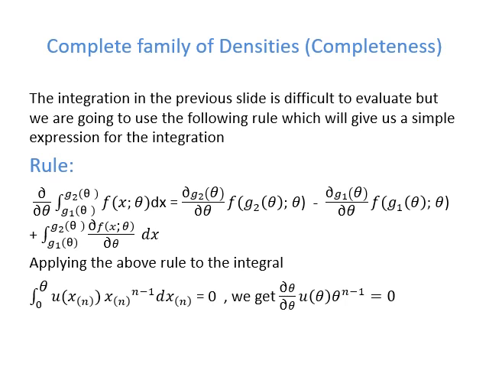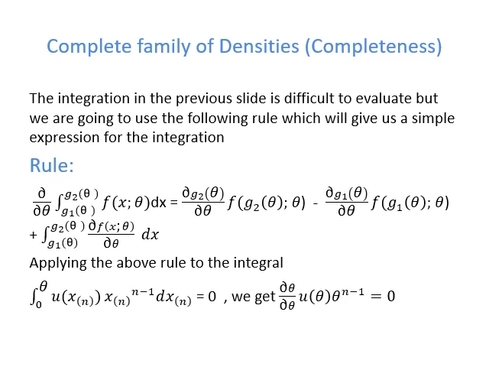It says that the differentiation of this integration is equal to differentiating first the upper limit, so we are going to differentiate g2 of theta with respect to theta multiplied by f, and in f we are going to substitute for x the upper limit of the integration. So instead of x we are going to put g2 of theta.